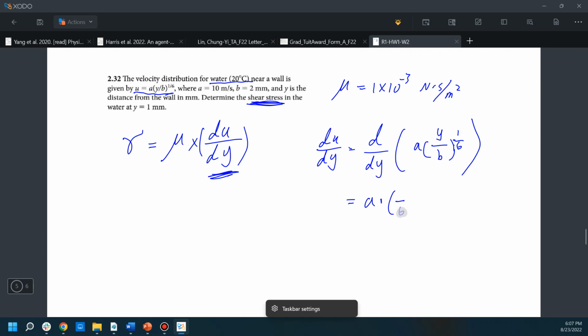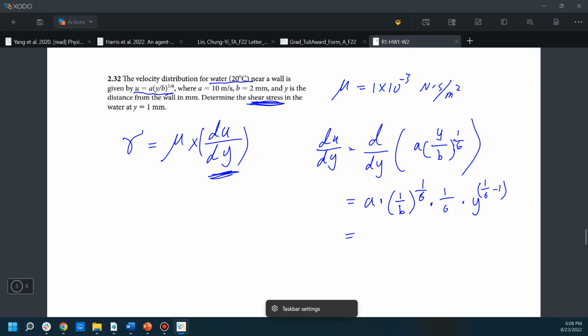This is b. And we differentiate this y to the power of 1 over 6. We take the 1 over 6 out, move it down, and then we have y to the power of minus 5 over 6, right?